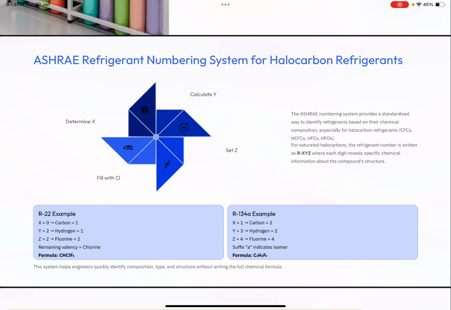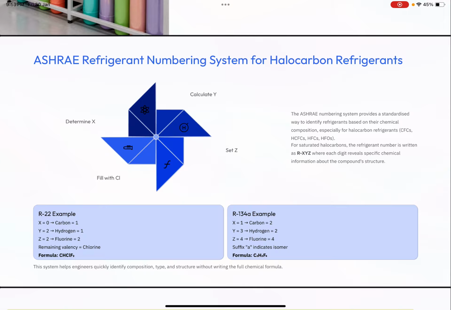If it is a methane derivative, the total valency has to be satisfied by 4 atoms. Because there is only one hydrogen atom, the remaining 3 would come from the halogens, because it is a halocarbon. So 1 hydrogen atom and 2 fluorine atoms make 3, we have one more place, and that remaining valency goes to chlorine.